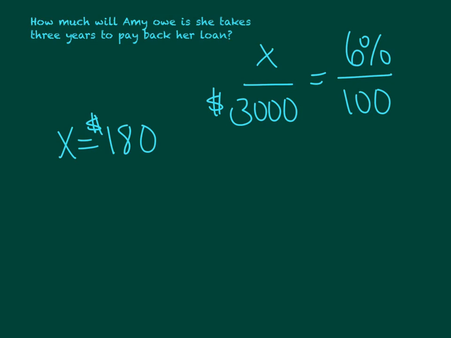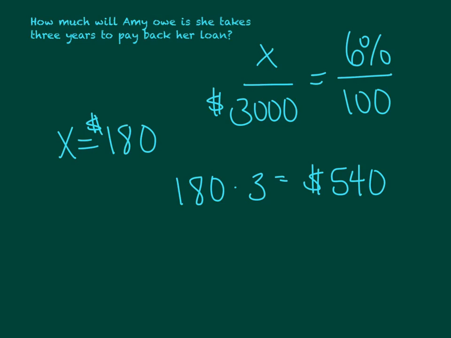So if she takes 3 years to pay back this loan, the reality is that it's not $180, it's $180 per year that she is going to have to pay back. So now she would have to take 180, multiply that by 3. 180 times 3 gives me $540.